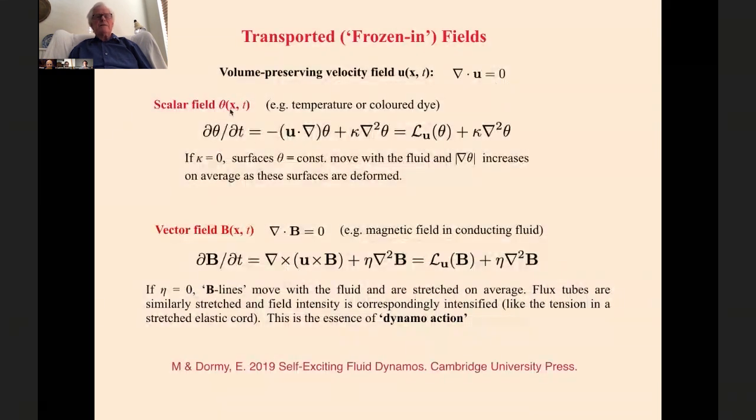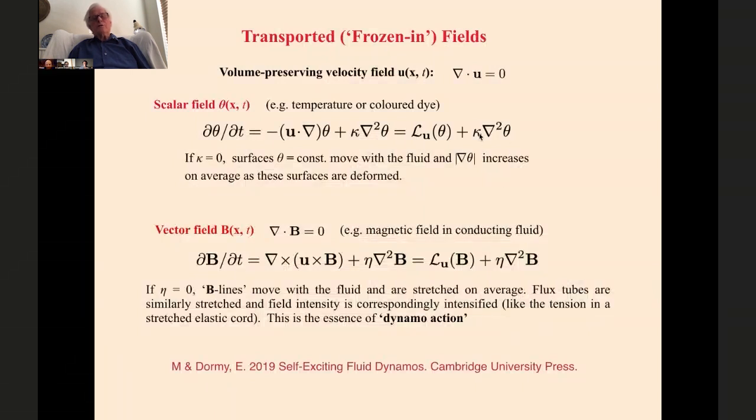If you have a scalar field, for example temperature, or it could be just a colored dye injected into the fluid, then the concentration of that dye satisfies the passive scalar advection-diffusion equation. There's a minus u dot grad theta, that's advection, sometimes written in terms of a Lie derivative, the derivative of theta following the flow, plus a diffusion term.